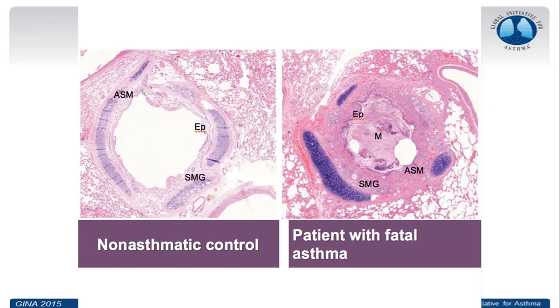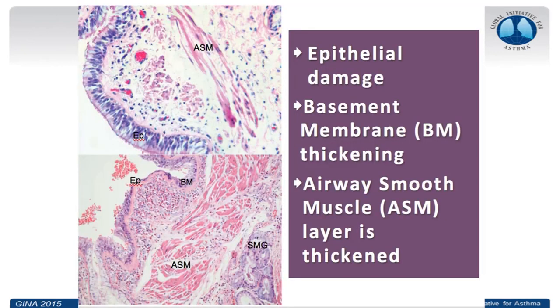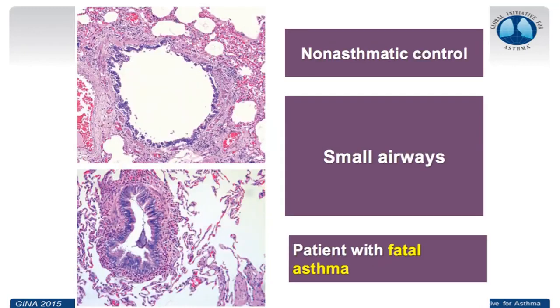Here is a cut section of bronchial airway in an asthmatic versus a control, from a patient with fatal asthma. As we see here, there is a mucus plug, submucosal gland hypertrophy, basement membrane thickening and epithelial cell remodeling. So there is epithelial damage, basement membrane thickening, and the airway smooth muscle layer is also thickened.